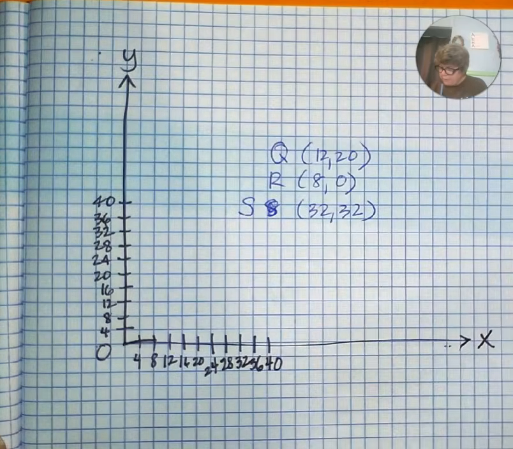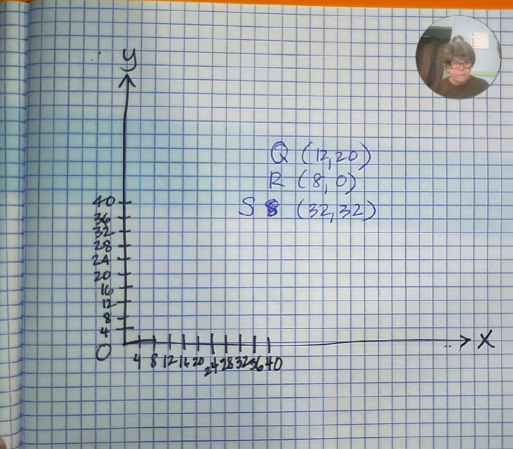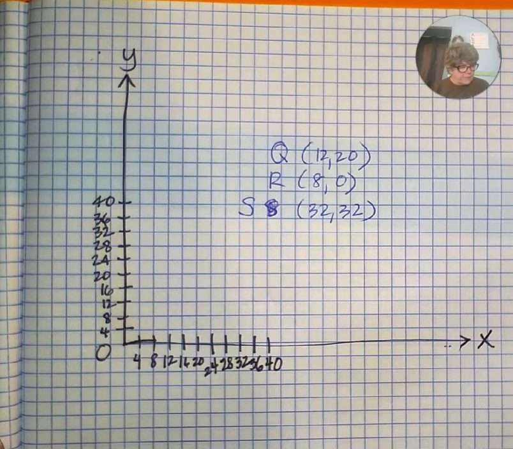Okay, interesting points, aren't they? What do you notice about our interval? We're counting by 4s. Do you see that? That is different, right? Our greatest x-coordinate is 32, and our greatest y-coordinate is 32.